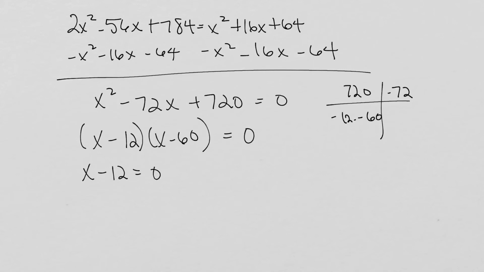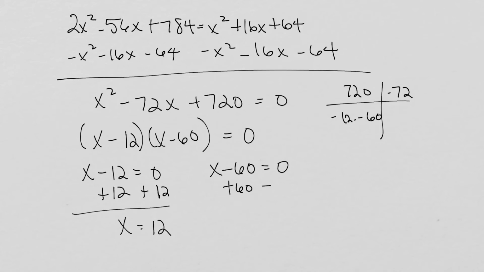I'm going to set X minus 12 equal to 0, X minus 60 equal to 0. Here I add 12. This gives me X equals 12. Here I add 60. X equals 60.